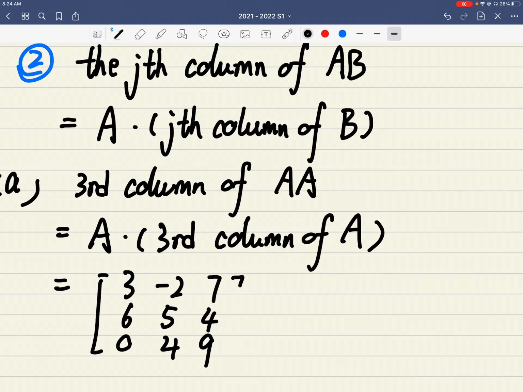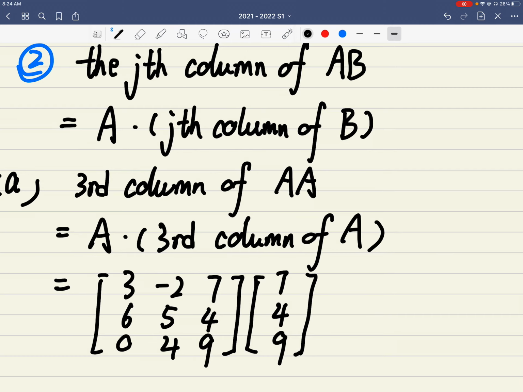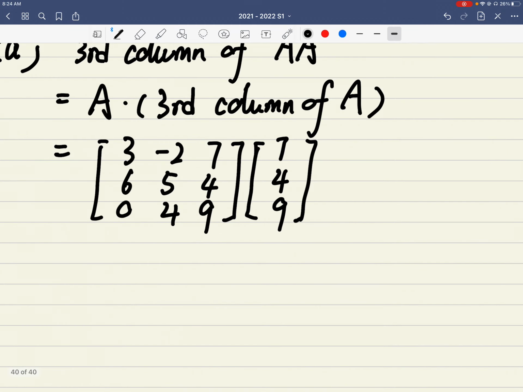Okay, what is the third column of A? Third column of A is this. Do the product.